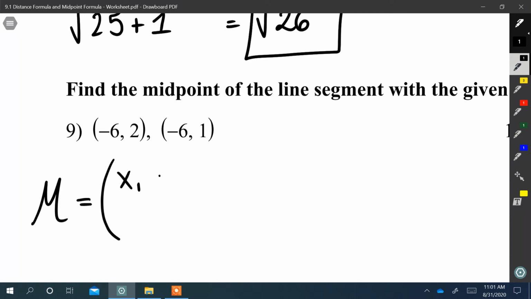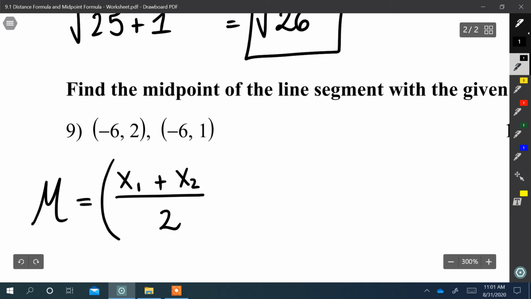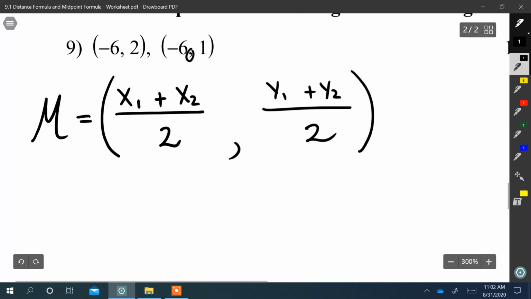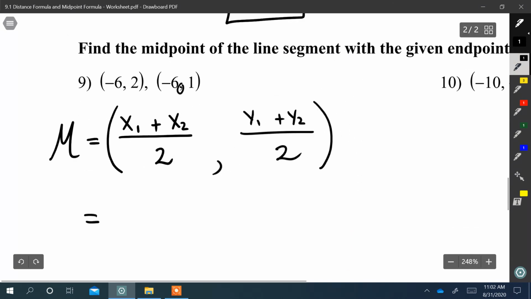It's x1 plus x2 over 2, comma. Remember, there's always the comma for the point. So comma, y1 plus y2 over 2. Okay, so that right there is my midpoint formula. So we have x1, y1, x2, y2.